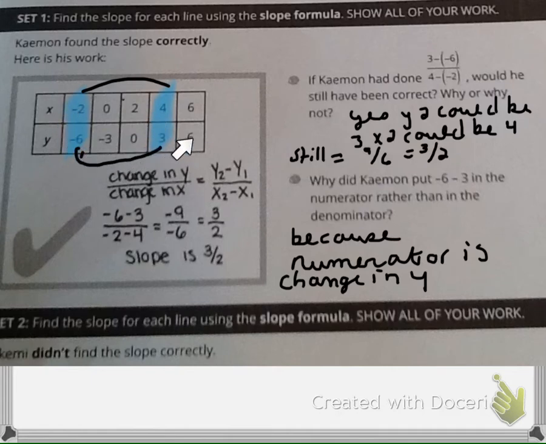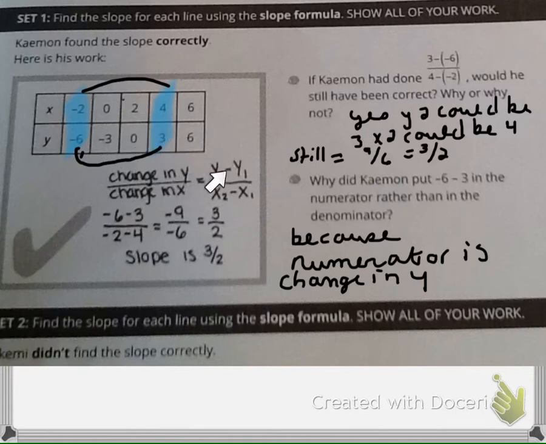So I could even do this as y2, 6 minus 0, and then this as x2, 6 minus 2, and here 6 minus 2 is 4, and 6 minus 0 is 6, and 6 over 4 is the same thing as 3 over 2.